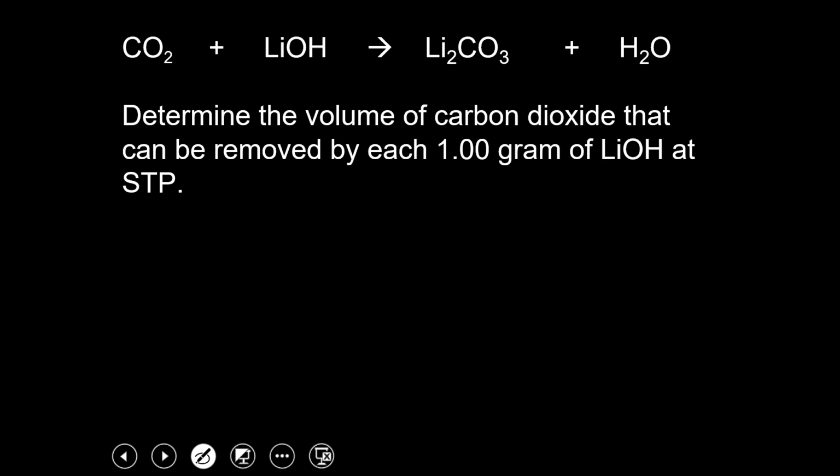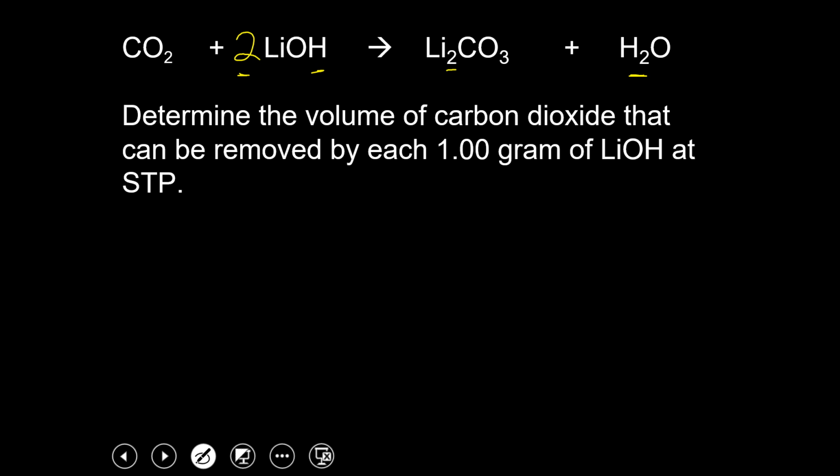Here's a chemical reaction. And remember, if you're going to do stoichiometry, you need to balance them. So I'm going to start with my metal. I see 2 lithiums over here, so I'm going to put a 2. Let me look at my carbon next. There's 1 on each side. Then my hydrogen: there's 2 here, and there's 2 over here, so that's good.